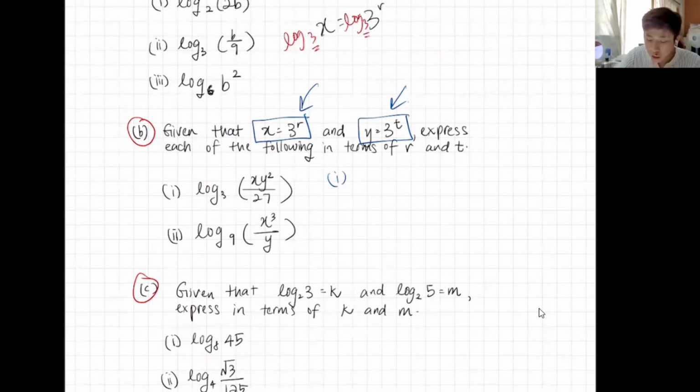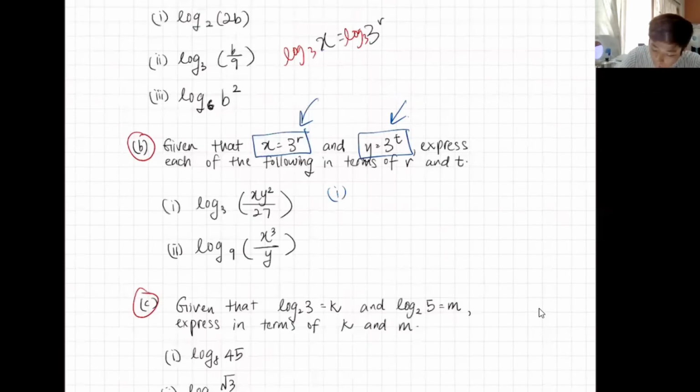So when I log both sides, I get log base 3 of x on the left, and on the right I bring the r down, because this is log base 3 of 3 to the power of r. So I bring the r down, I get r times log base 3 of 3, and you know that this is equal to 1. So you get log base 3 of x equals 1.